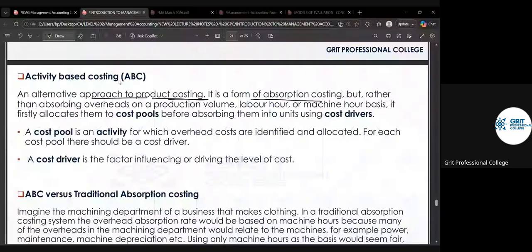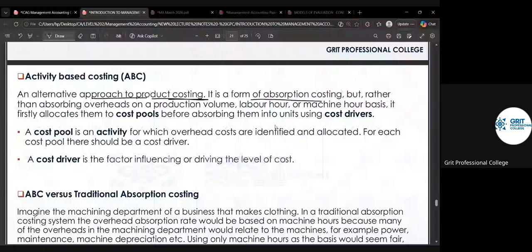Okay, so under ABC, we are looking at the direct costs, direct material, direct labor, direct expense, and then we are also including both the variable and fixed costs as part of the cost of the company's product. However, the way we do it is a bit different from the traditional absorption costing system.